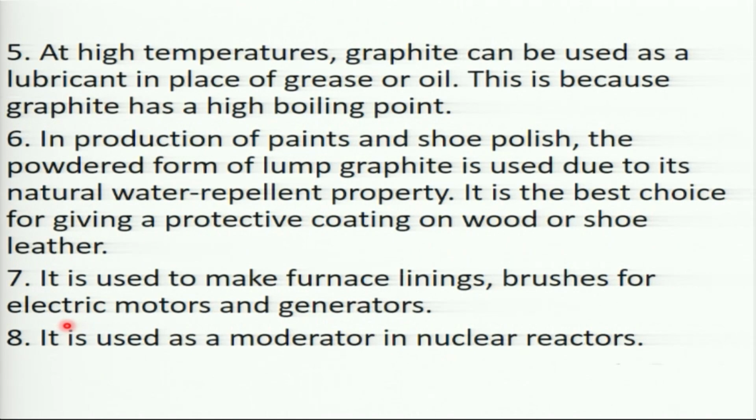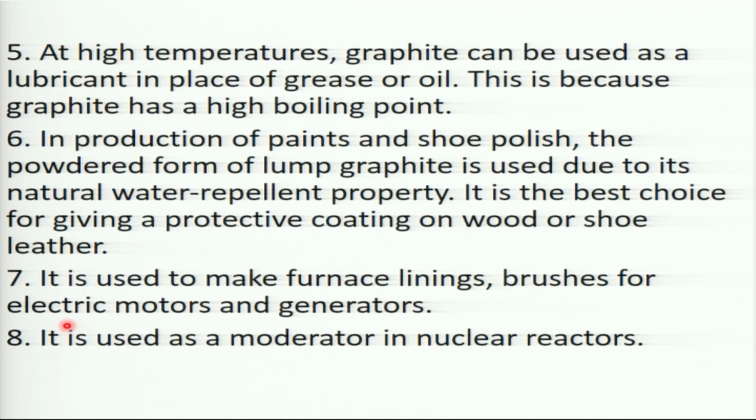Another use of graphite: at high temperatures, graphite can be used as a lubricant in place of grease or oil. Why? This is because graphite has a high boiling point.